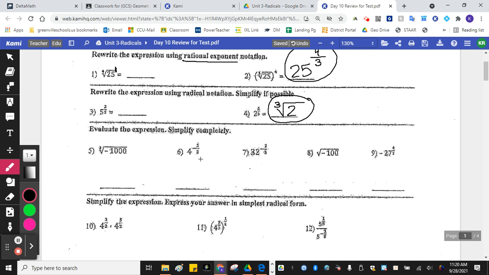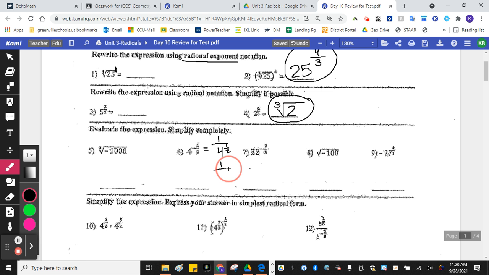On number 6, again, I'm doing odds. I'm evens. I have a negative exponent. Negative exponents mean it's not happy where it is, so it's going to drop to the bottom. Square root of 4. I'm going to make one more step. To get rid of a negative exponent, it goes to the bottom of the fraction.